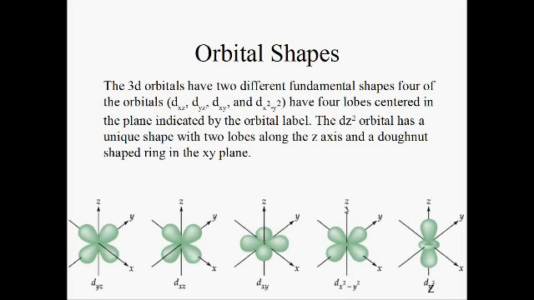Those surfaces are no longer a plane like they are for the other 4 orbitals, but these are conical surfaces pointing up and pointing down, separating the 2 dumbbell-shaped lobes from the donut torus shape lobe in between.